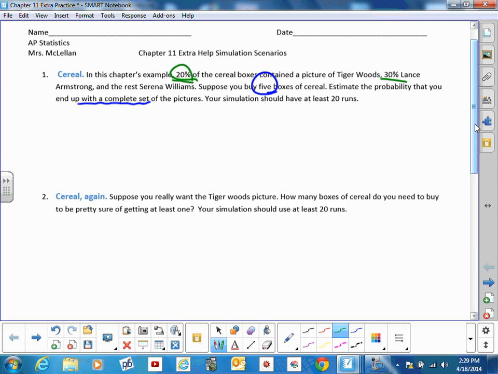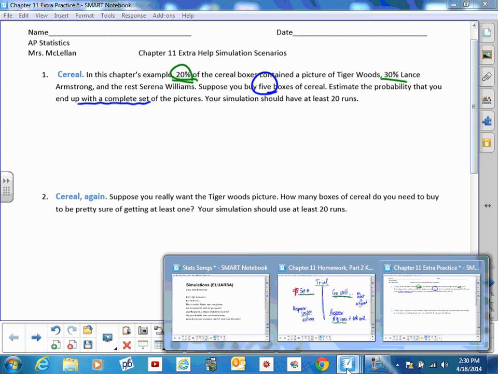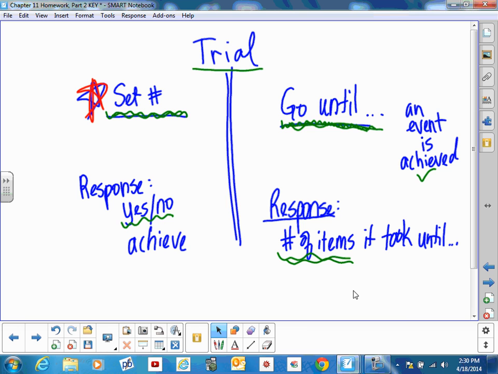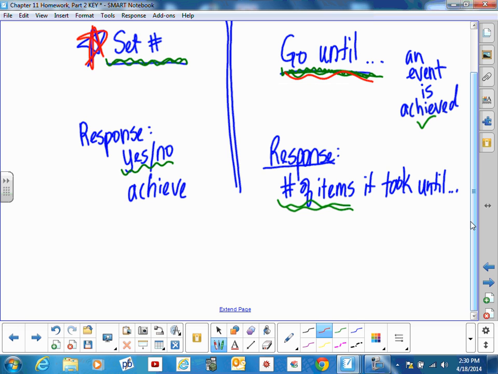So what kind of trial am I looking at here? Go until you get a Tiger Woods. Good. So if you go until you get a Tiger Woods, what's your response going to be? How many what? I'm going to go until I get a Tiger Woods.